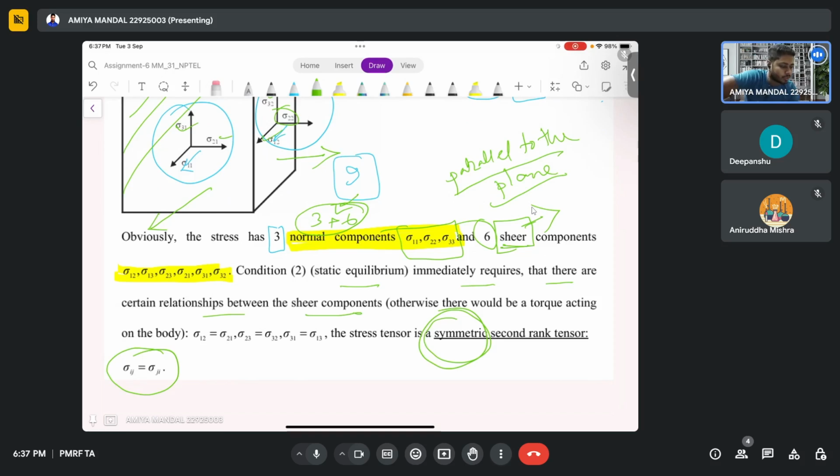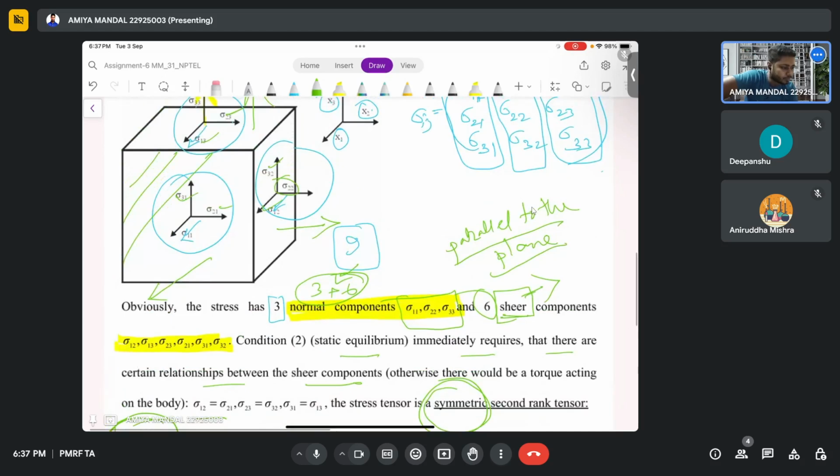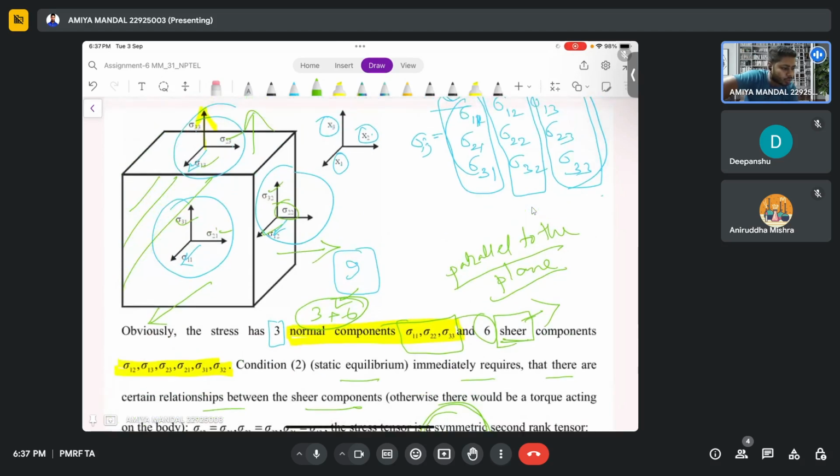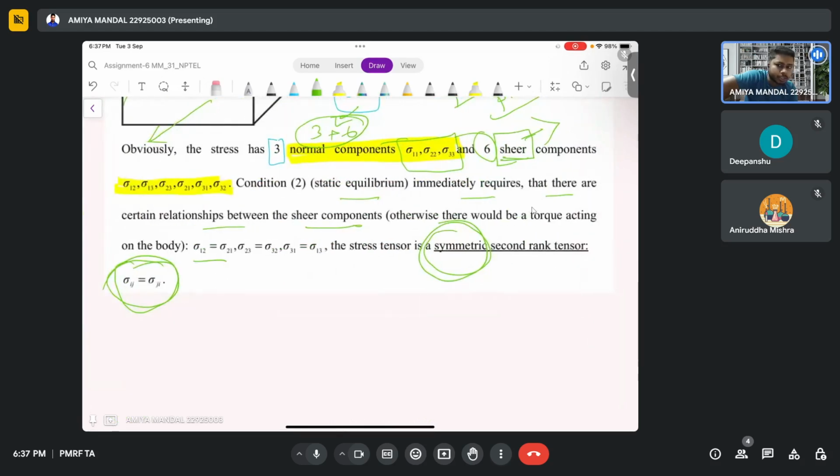If sigma ij is equal to sigma ji, it means symmetry is present, meaning sigma 1 2 equals sigma 2 1. This is sigma 1 2 applied on this surface, and this is sigma 2 1. They are the same. There is a symmetry, you can see. The i and j values are just alternating.